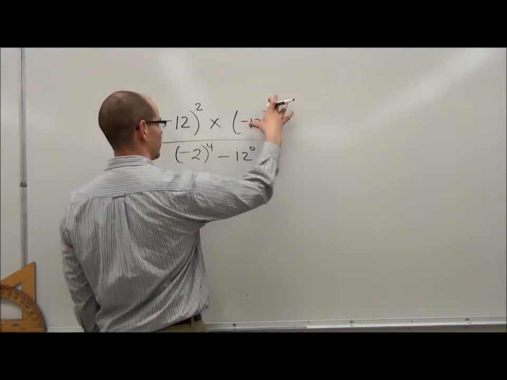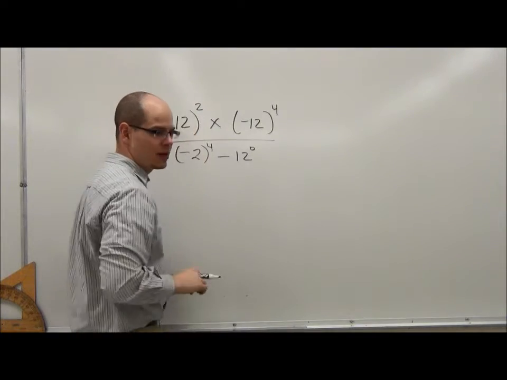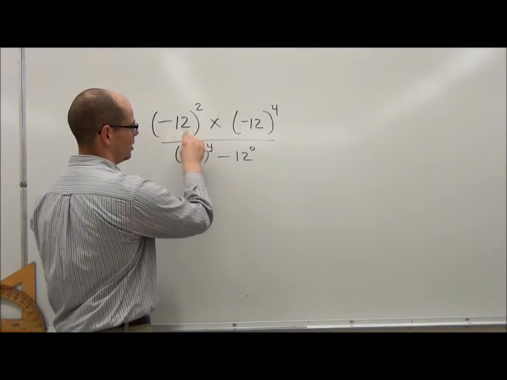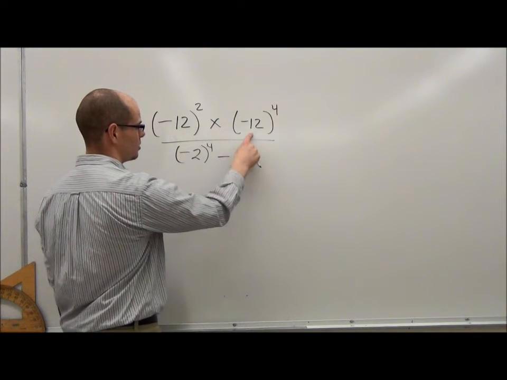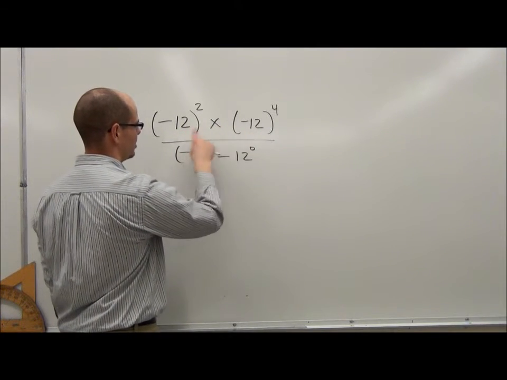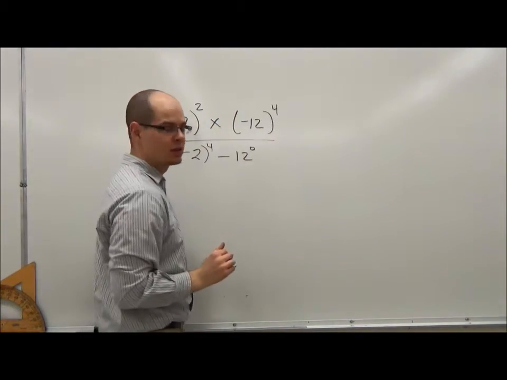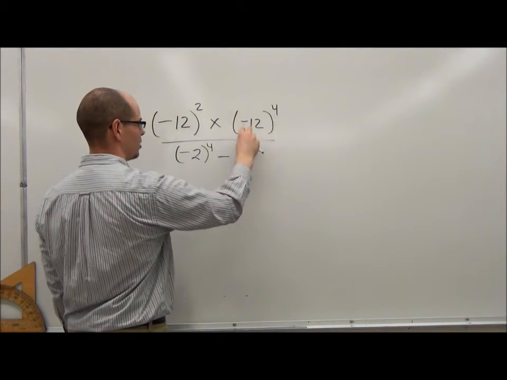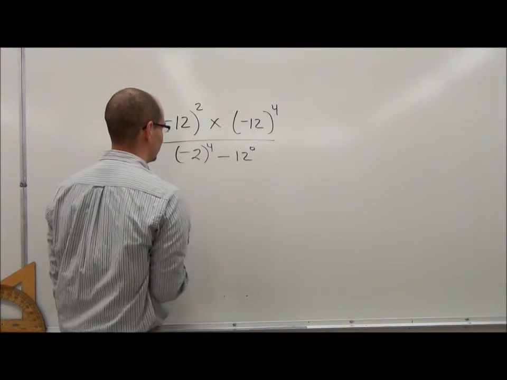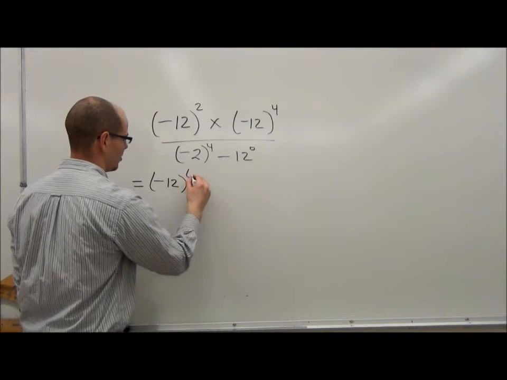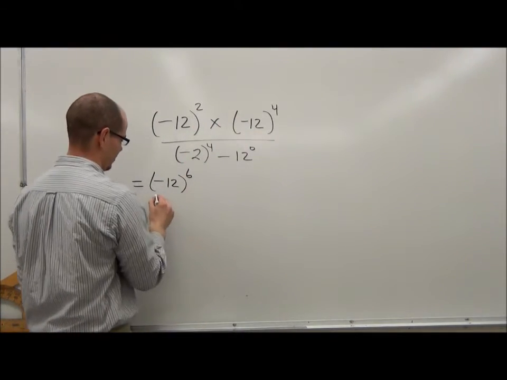If you expanded these out to numbers, you would be able to get the right answer, but I'm going to show you a shortcut, something that you can save time on. Remember, if you multiply 2 powers together with the same base, you can add exponents. So to save time, I'm going to make the numerator negative 12 to the power 6, 2 plus 4.